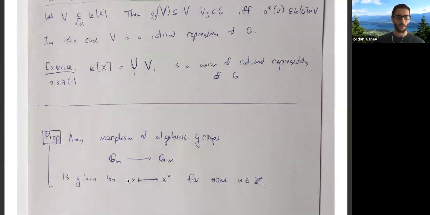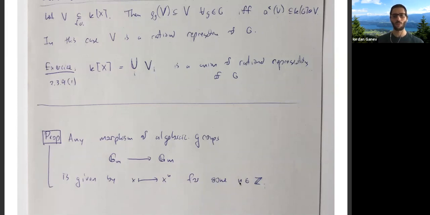So we talked about why this map raising everything to the nth power is a homomorphism on the multiplicative group. And now I want to claim that any homomorphism of algebraic groups from the multiplicative group to itself is given by just one of these maps, x maps to x^n for some integer n.